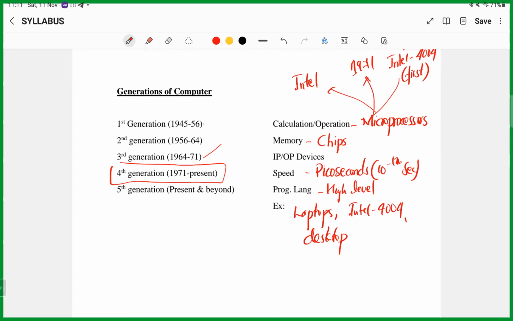Okay, there is some other transformation that has happened in the fourth generation. One thing is the MS Windows operating system was introduced.